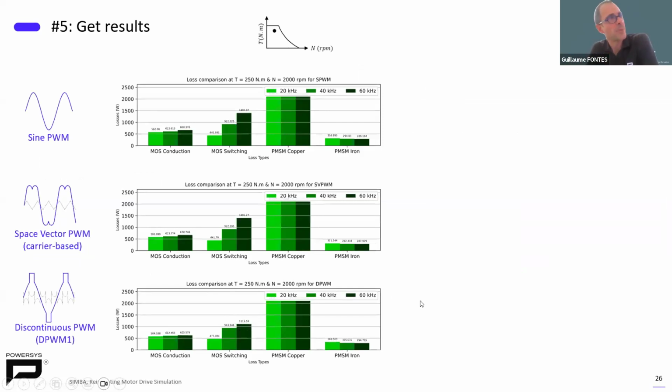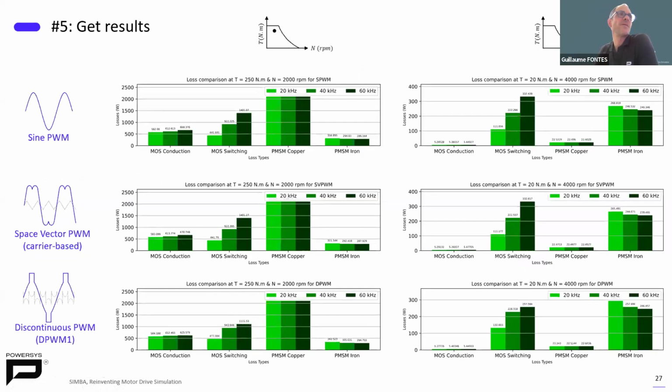For the second operating point, it will be quite different, as the iron losses are quite important, and I would say they are a little bit in competition with the switching losses of the MOSFET, which means it's not obvious that increasing the switching frequency will lead to a decrease or an increase of the losses.